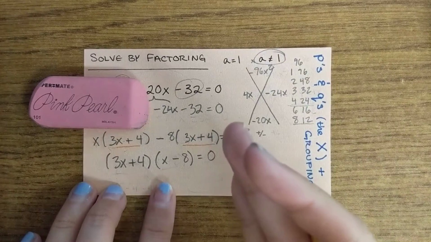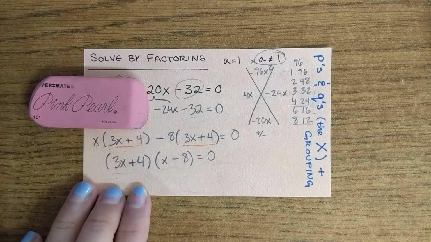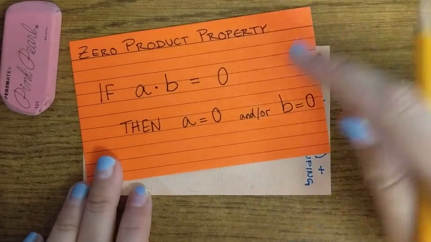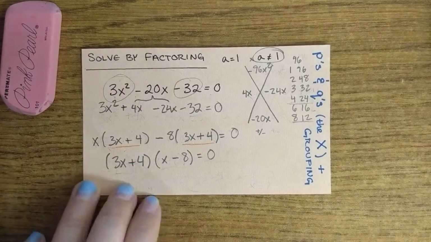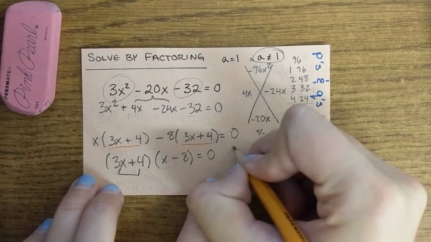You are done factoring, but you still need to solve using the zero product property. The zero product property states that if a times b equals 0, then a equals 0 or b equals 0. Make this factor equal to 0, and I'm going to write it over here because I'm running out of room.